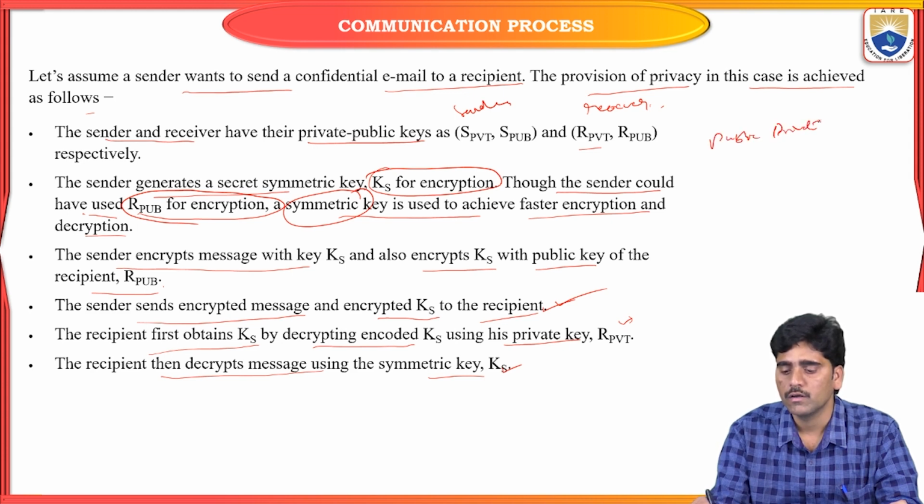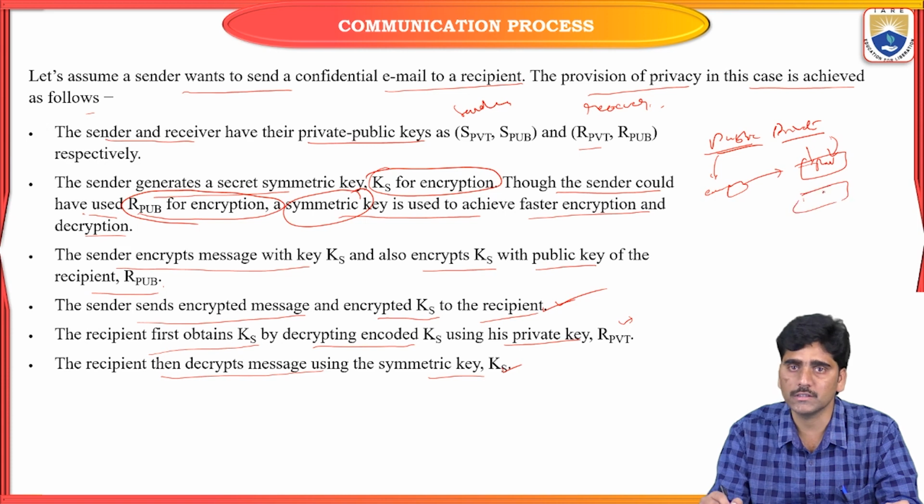So here the communication process uses both keys, public keys and private keys. Whenever the sender sends mail to the recipient, he uses the public key. Using this public key, you can encrypt the data and send that encrypted data to the receiver side. Now the receiver, having this private key, is going to decrypt that message and can see the contents of the message.